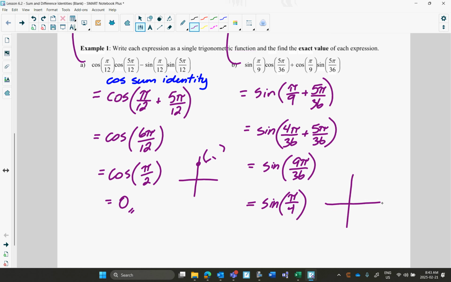Well, sine pi over 4, that's the one that comes out in the middle here, and it's the second term. Root 2 over 2. So that was the sine sum identity we used.